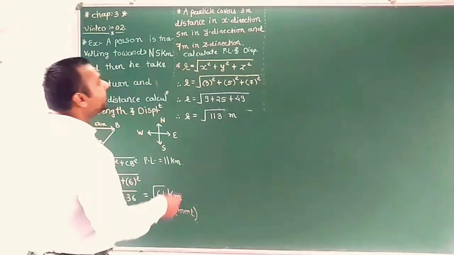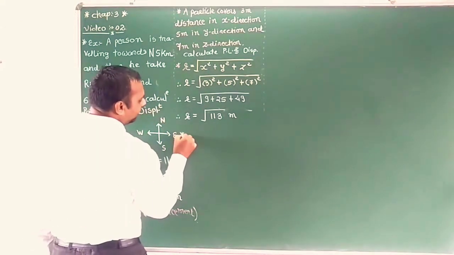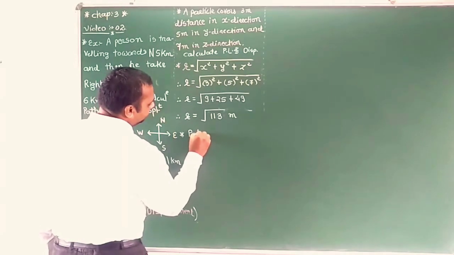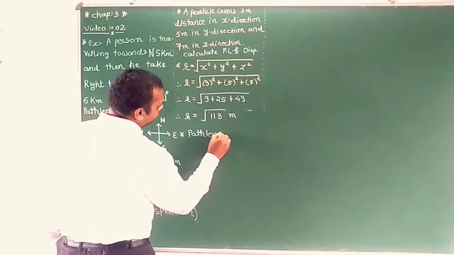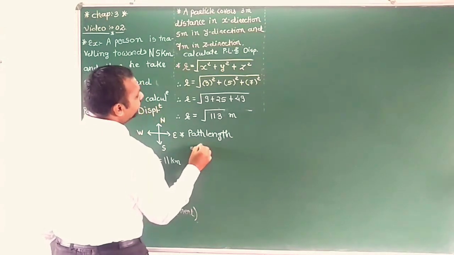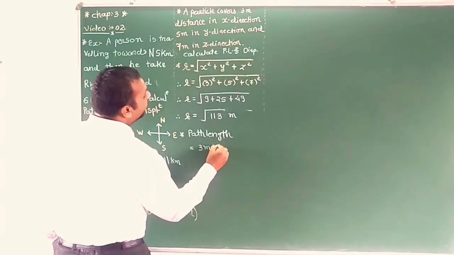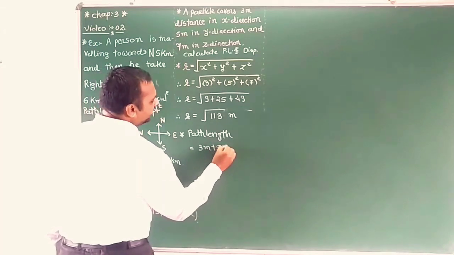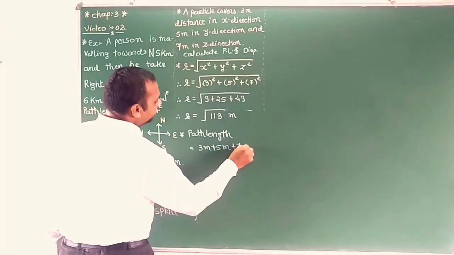For the path length you have to calculate 3 meter plus 5 meter plus 7.